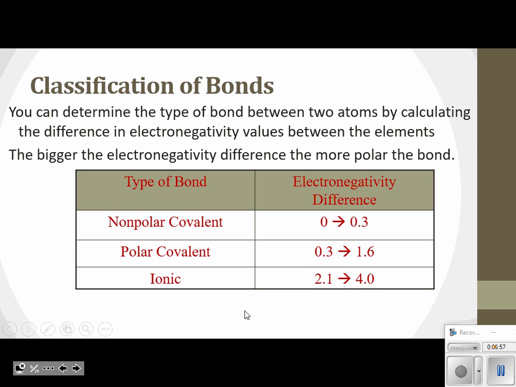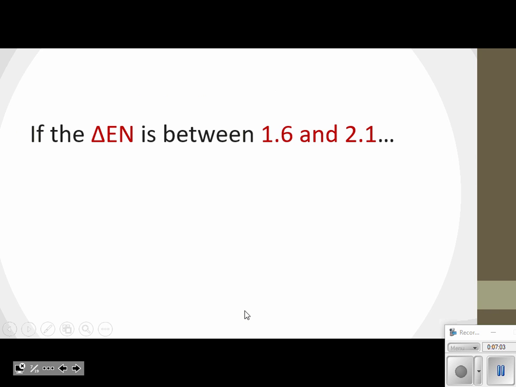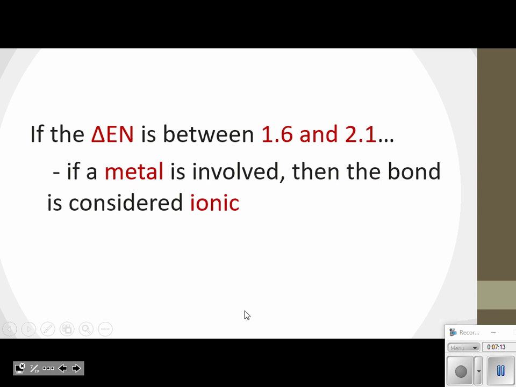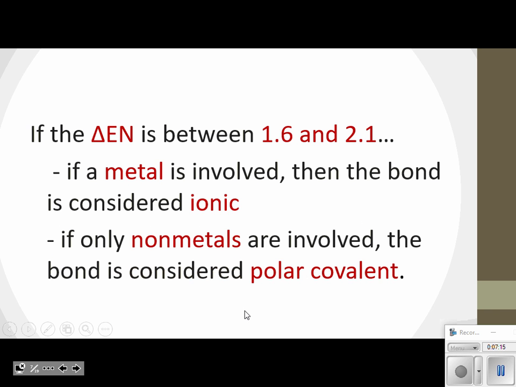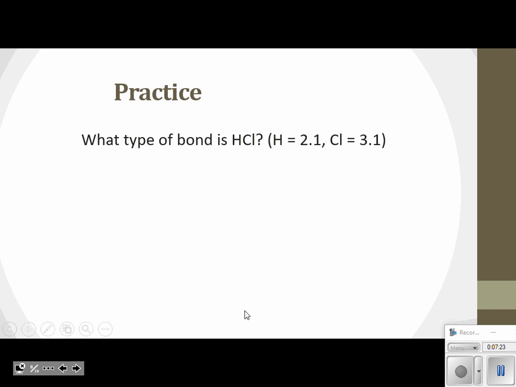The ionic was 2.1 all the way up to 4. And remember that we had that gray area, the area between 1.6 and 2.1, where we had to check, okay, do we have a metal? It's ionic. Do we have a nonmetal? Then it's a polar covalent bond. Okay? So just reviewing our electronegativities.